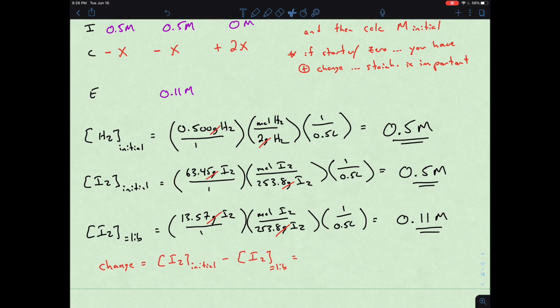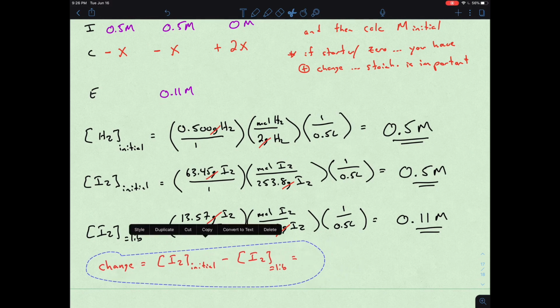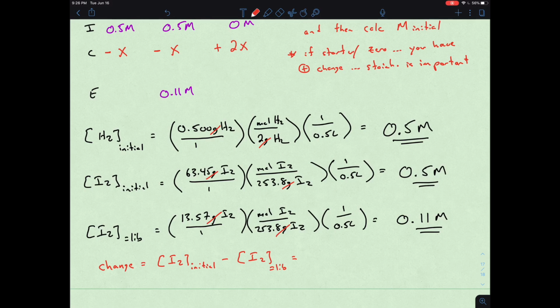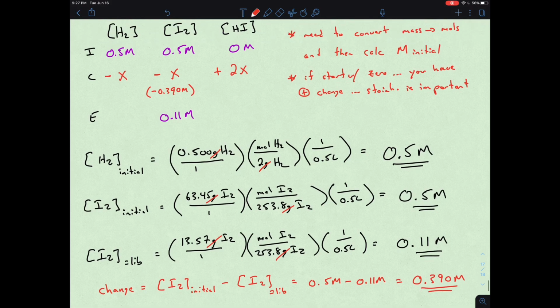Right, because we're trying to figure out what that change is. So we would take our 0.5 molar minus our 0.11 molar, and we find our change to be 0.390 molar. So if we go back to our table, that's what we just solved for in the brackets here for our iodine.